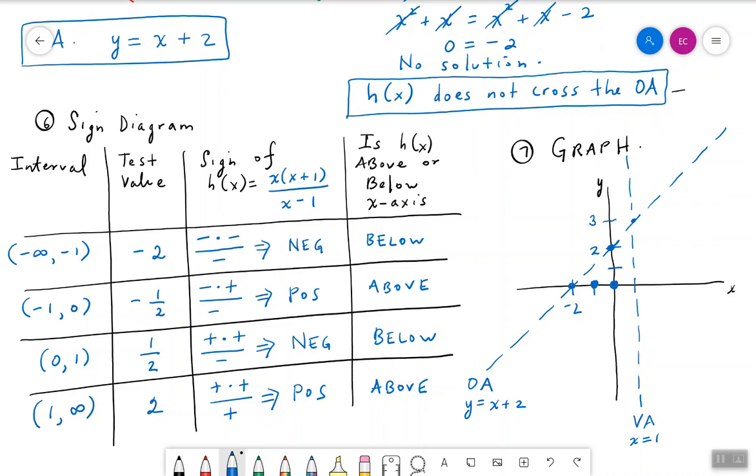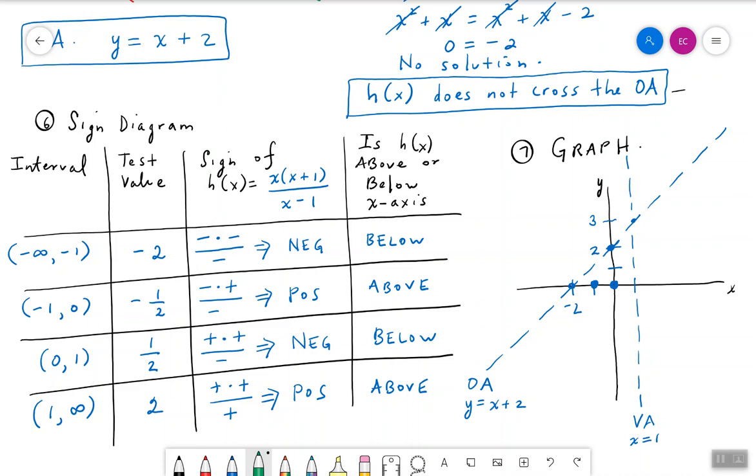So we're ready to go ahead and start to sketch the curve, and we're just going to use the sign diagram and figure out where this thing goes. So usually we go from left to right, and work our way across the graph.